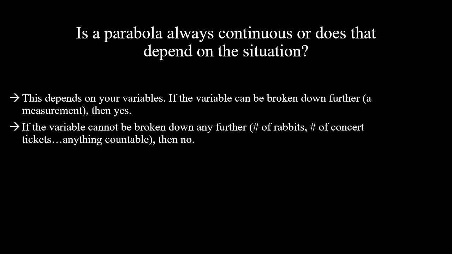Another example I put on here is number of concert tickets. You're not going to get into a concert with half a ticket, so we're not ever really concerned about fractions of tickets, right? We can't cut that. You either have 1 concert ticket or 2 concert tickets or 3 concert tickets, but you're not going to have 2.5 concert tickets. So that would be a discrete variable. That would not be continuous.